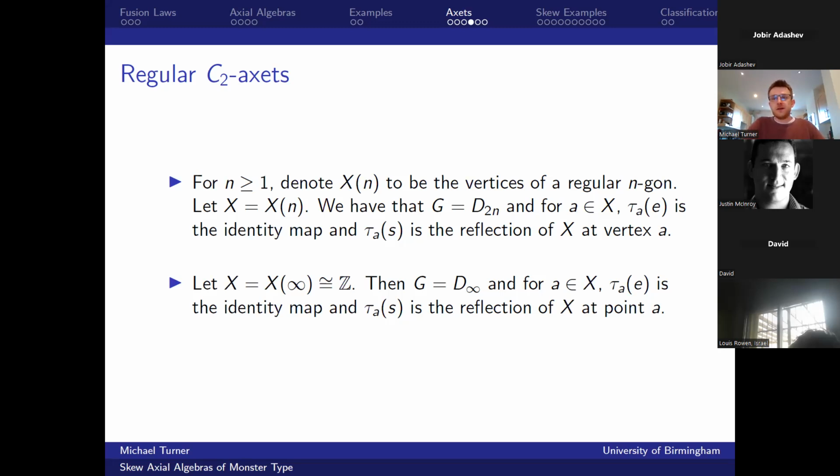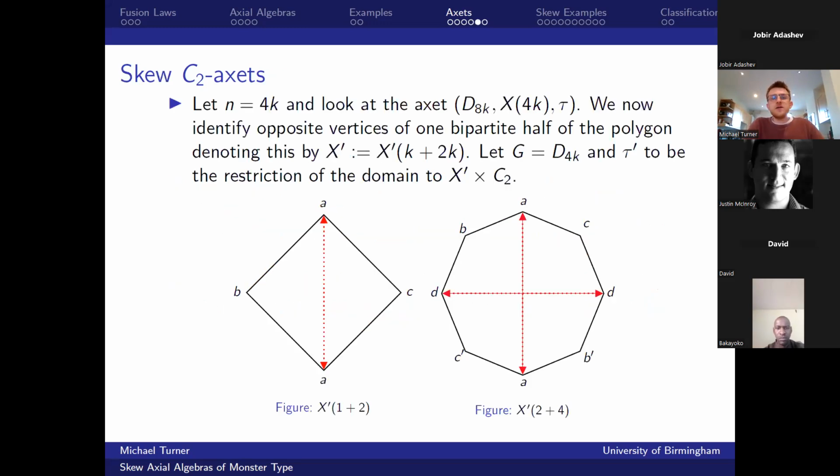And now I can talk about what it means for an axet to be skew. So we're going to start with a regular 4K-gon, where K is an element of the natural numbers. And we've already got an axet of D8K, K4, X4K, and then the tau map from the previous slide.